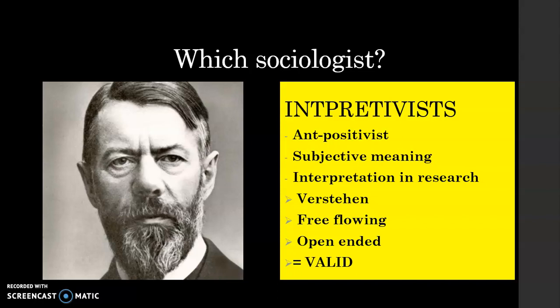He argued that we needed to have interpretation in research. We wanted to be able to empathise with those that we are researching, and that's something that Weber called Verstehen, or empathy. So the methods need to be more free-flowing and open-ended, and this often results in more valid data.